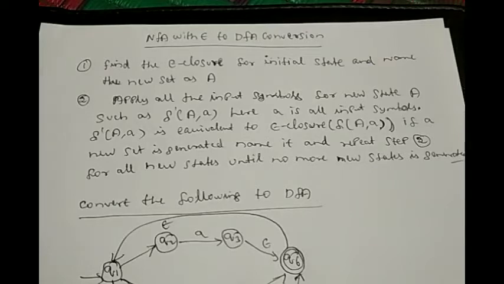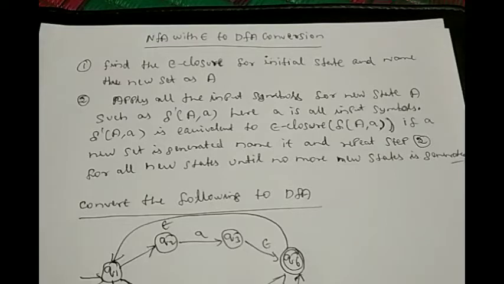Now, after getting a new name, you apply all the input symbols pertinent to the NFA to the new set. That is delta dash of capital A comma small a, where small a is considered as all the input symbols.